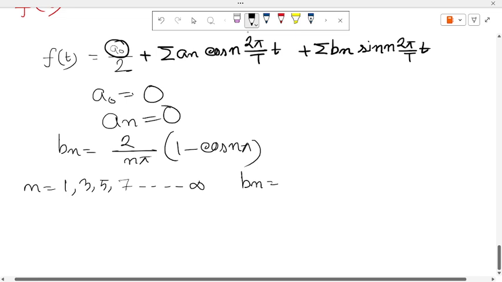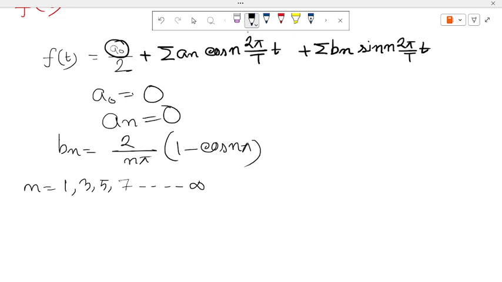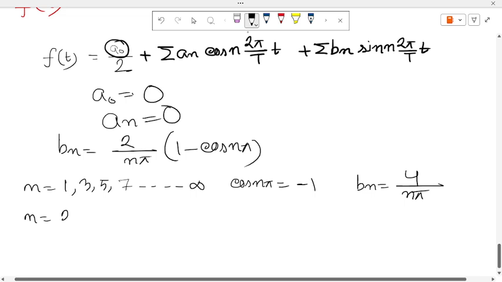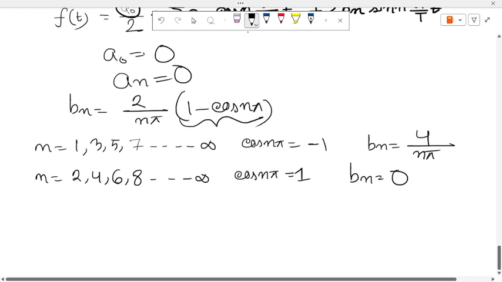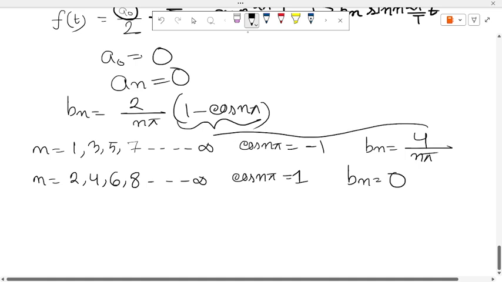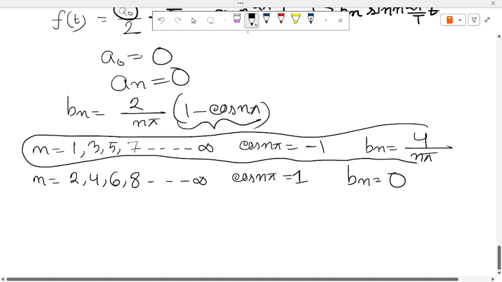If n is an odd number, then cos n pi is equal to minus 1, and then Bn will be equal to 4 divided by n pi. And if n is an even number, then cos n pi will be equal to 1, then this term will be equal to 0, so we have Bn equal to 0. That means Bn is non-zero when n is an odd number.